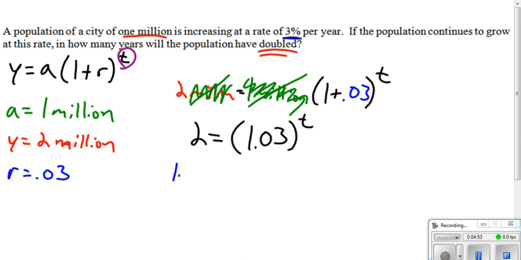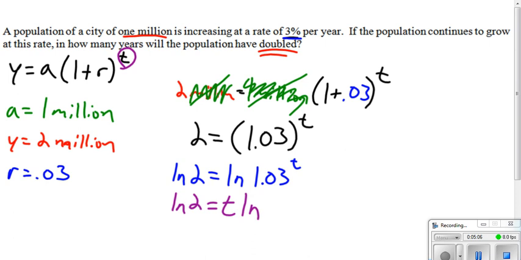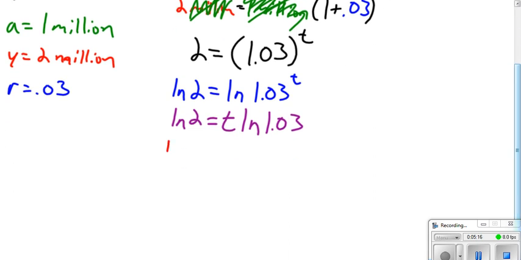And we would do ln of both sides. ln of 2 equals ln 1.03 to the power of t. Using properties again, t ln 1.03, and dividing both sides by that natural log, we would get ln 2 over ln 1.03 equals t.